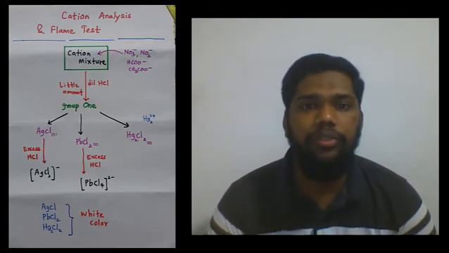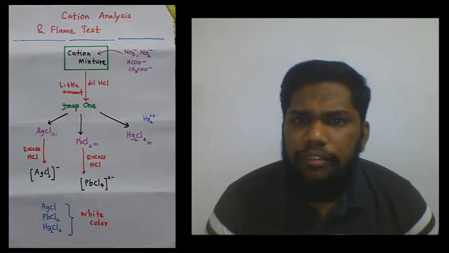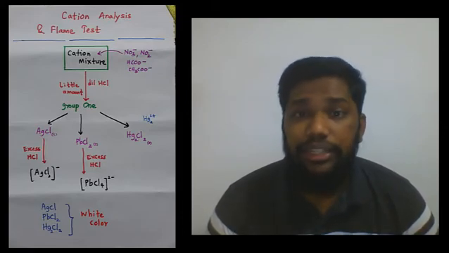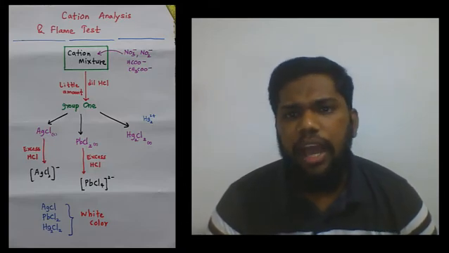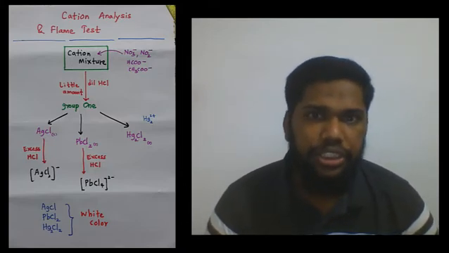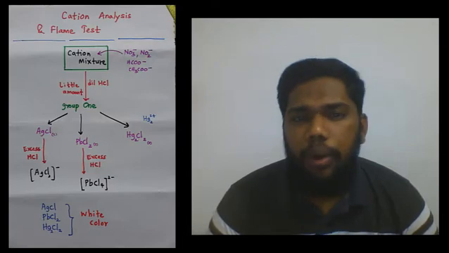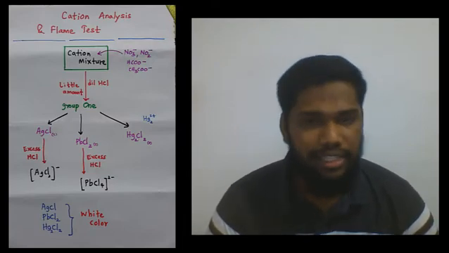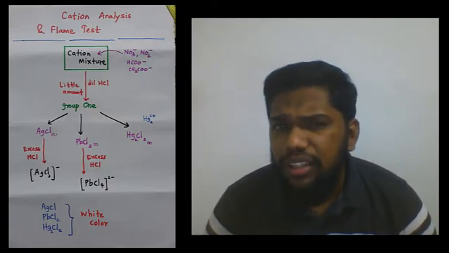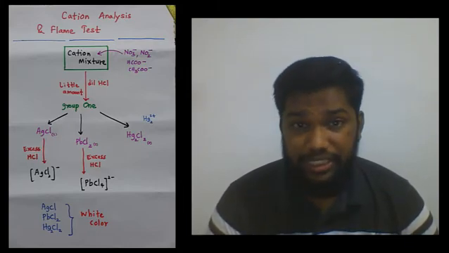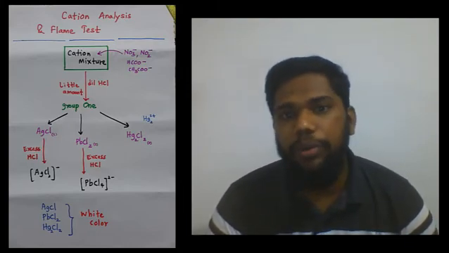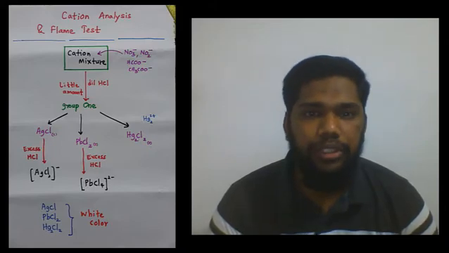Here I have indicated some anions like nitrate, nitrite, formate and acetate. If you have these anions in the mixture, there is no problem with your cation analysis, because these anions will not form precipitates with the cations. Normally these compounds are soluble, right?